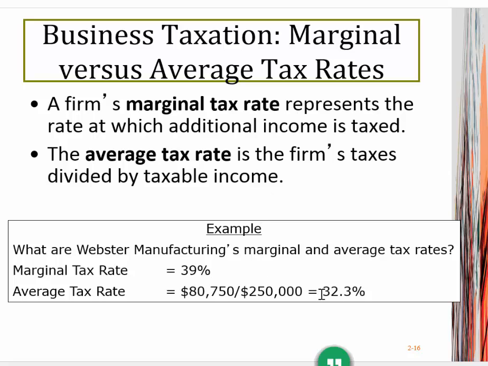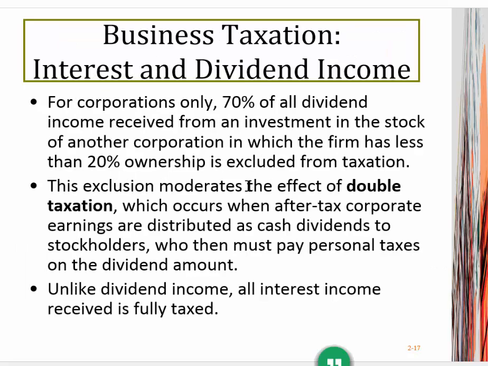We would make a pretty big mistake if we used the average. We'd be 6.7% off in our tax calculation for any project that adds on to this $250,000. So again, marginal tax rate is the most important tax rate that we have.